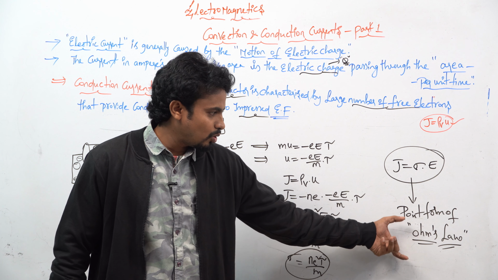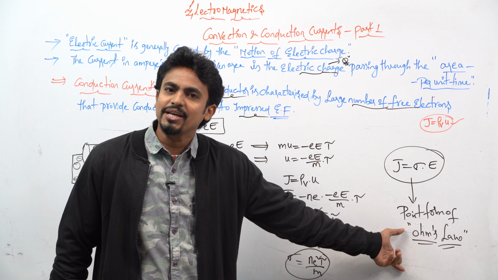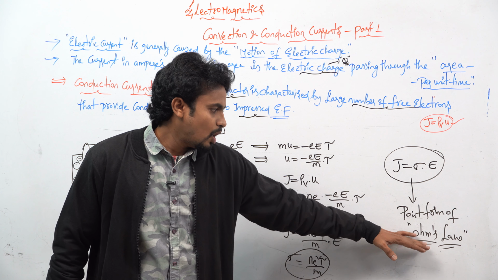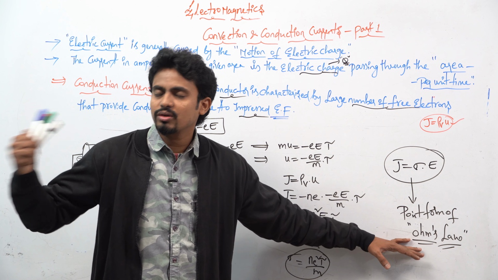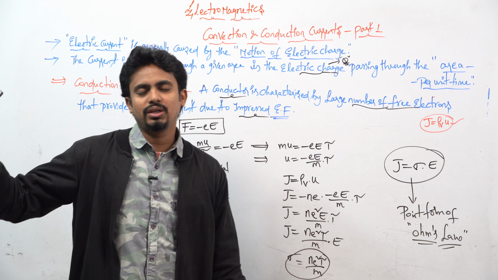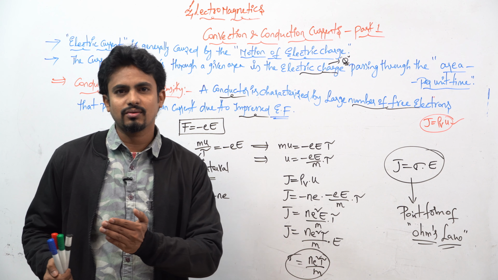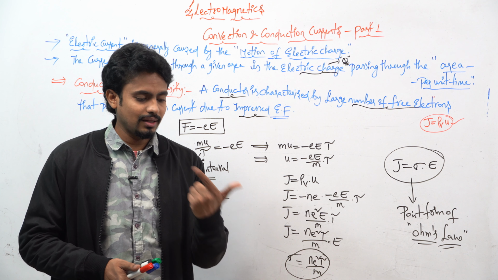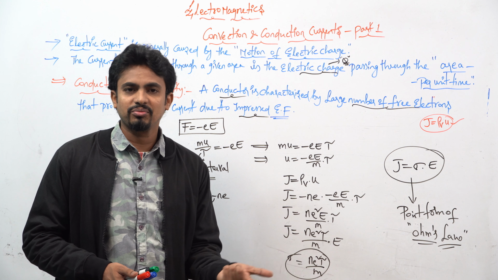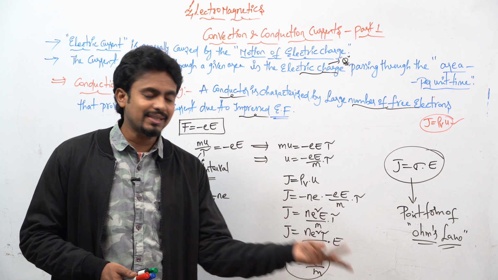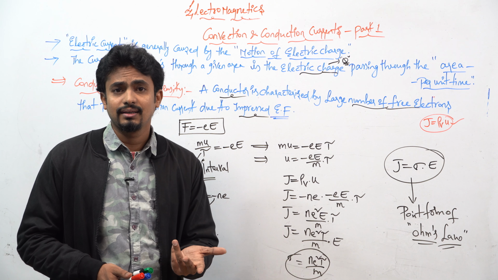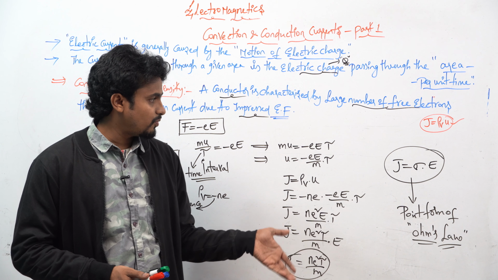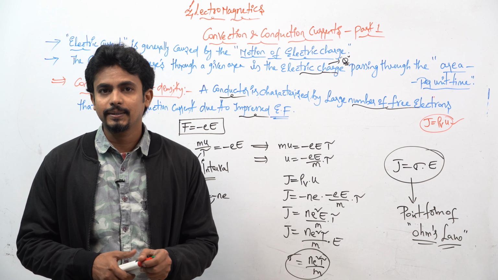This is the point form of Ohm's law. You already know how important Ohm's law is in the network subject, right? From the first unit to the last unit, including two-port networks, we used Ohm's law, in transient analysis as well as sinusoidal analysis, the theorems, basics of network analysis, and topologies.